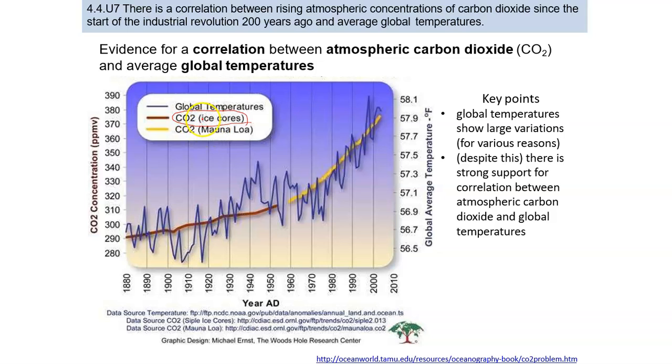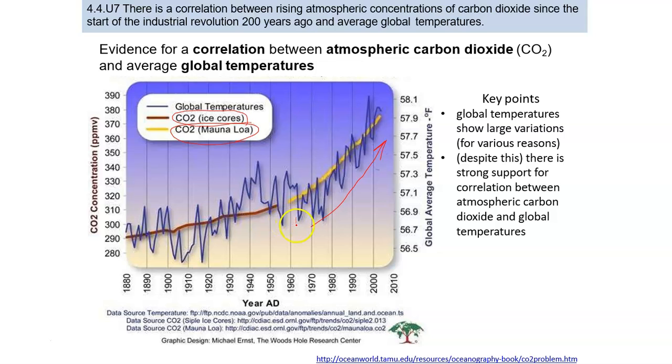We will talk about the ice core after this slide. And this is the data related to carbon dioxide from Mauna Loa, which is a station for data collection related to carbon dioxide. Mauna Loa started to collect the data around 1960, so it's a little recent data collection, and it shows the increased level of carbon dioxide.